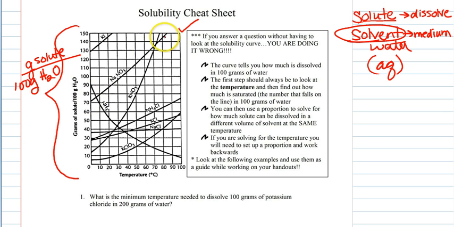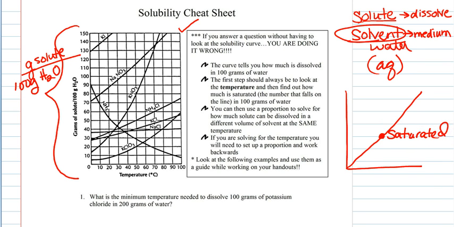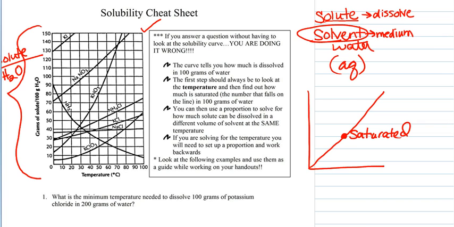Now, the curves themselves. If you look specifically at a curve, anything that falls on the line means that it is saturated at that point. So this would be a vocab term. What this means is that it is completely saturated with that solute in 100 grams of water at that temperature.